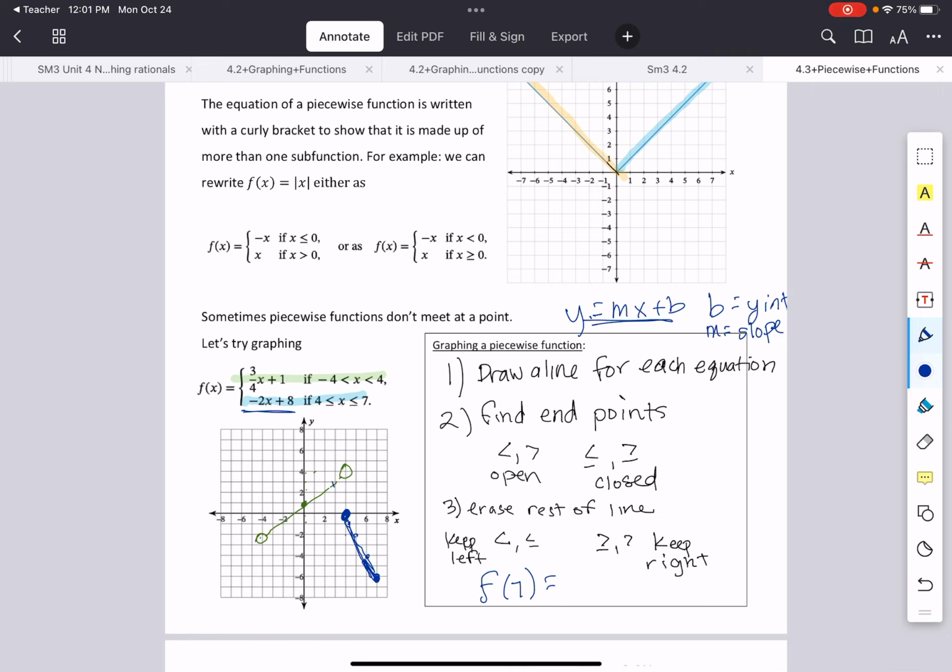You put it in for x. So if I want to find where my 7 is, I can do this. Negative 2 times 7 is negative 14 plus 8 equals negative 6. So let's check. 7, negative 6. Yay, we did it right.